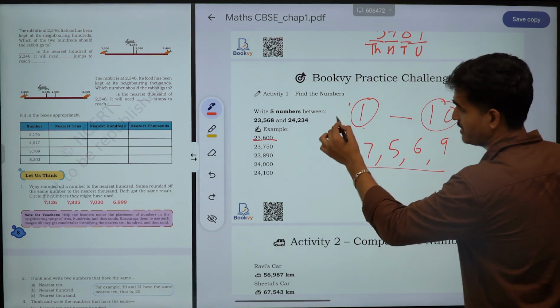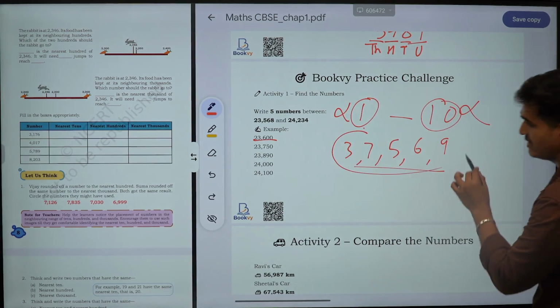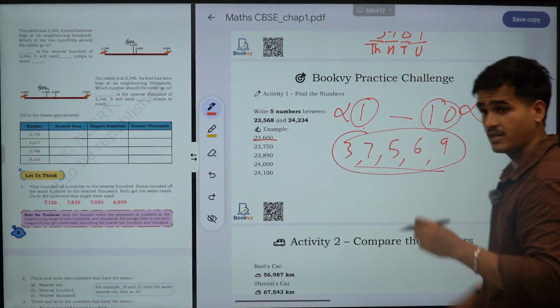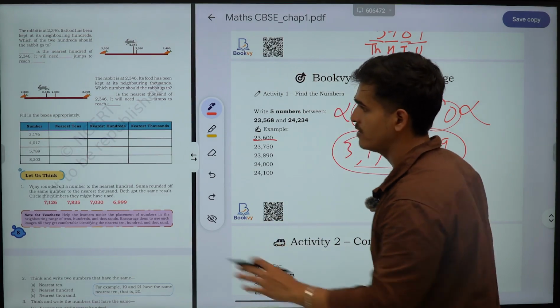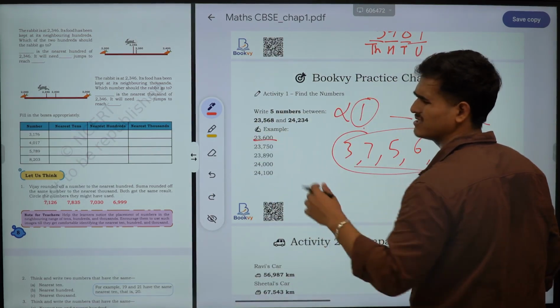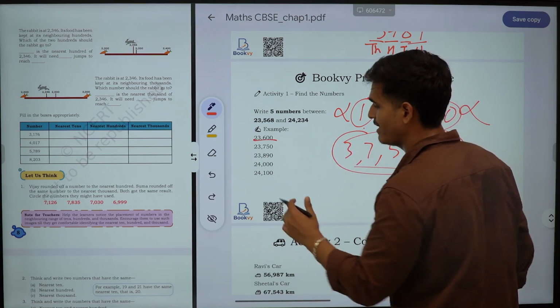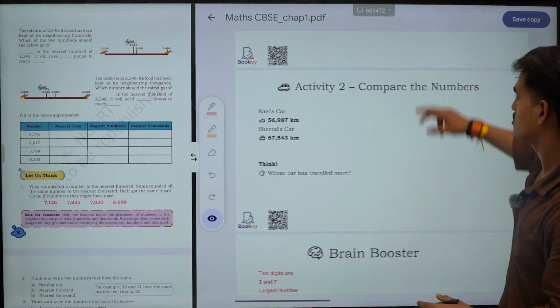Don't take the number 1 and don't take the number 10. You have to pick the number that lies between them. Understood? Now, you have taken the 5 numbers. You can take any one of them. There is no big deal. This is the Bookvy practice challenge question.